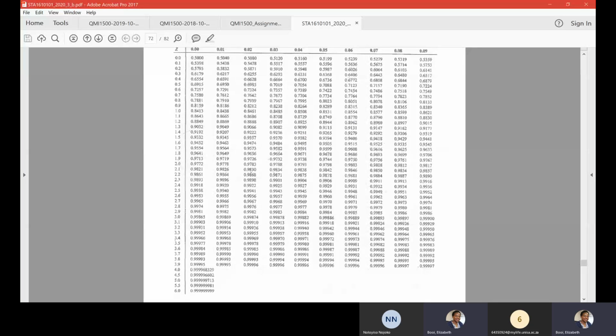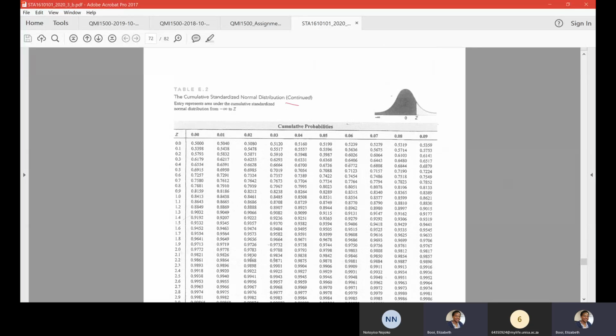Okay, so for a one tail, our Z was 0.0092. So we know that we need to say Z is equal to 0.01 because we need to round it off to 2 decimals.